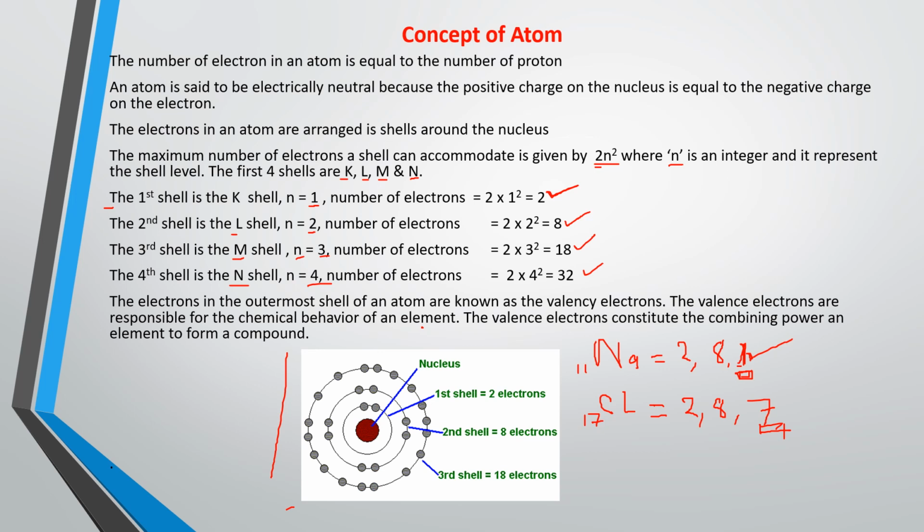So these valence electrons are the combining power of the elements that makes them form a compound. Okay? So you need to understand that basic principle about the atom.